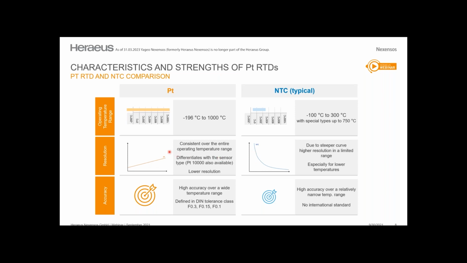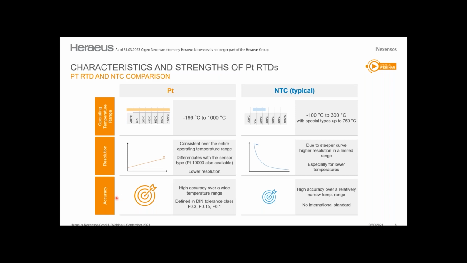And the PT, on the other hand, has a constant resolution. And this resolution varies from sensor type to sensor type. So a PT1000, for example, or even a PT10000, which are also available, have a higher resolution compared to a PT100 element.